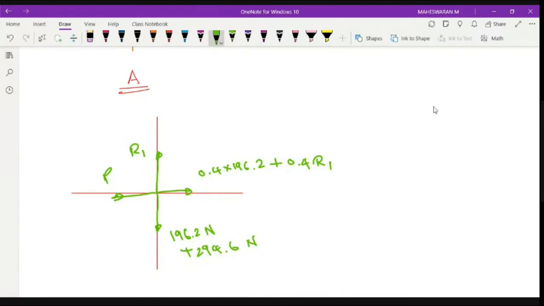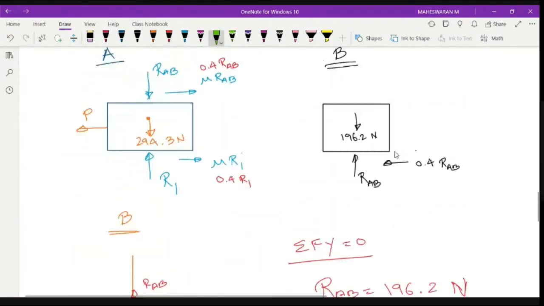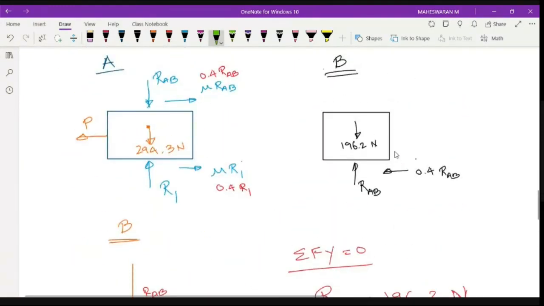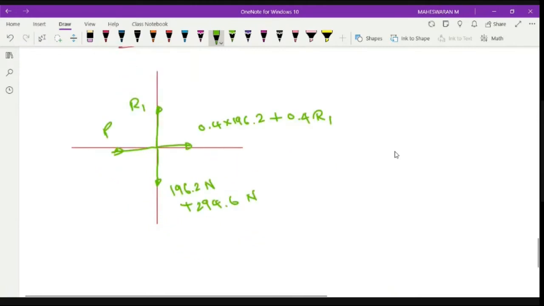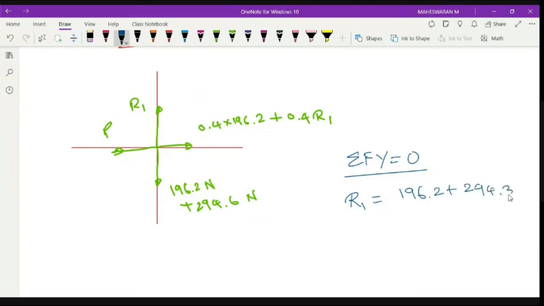Any other force which is missed? Can you see any other force which is missed? I think we have included all the forces, right? So, okay, now let us equate it. Let me start with sigma Fy. Let me equate sigma Fy is equal to 0. So what will we get for R1? R1 will be 196.2 plus 294.3 Newton.